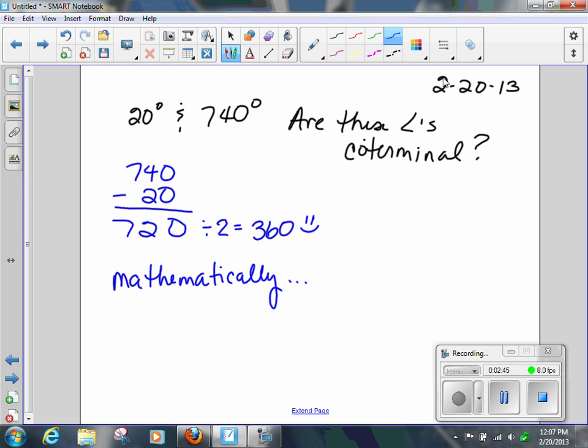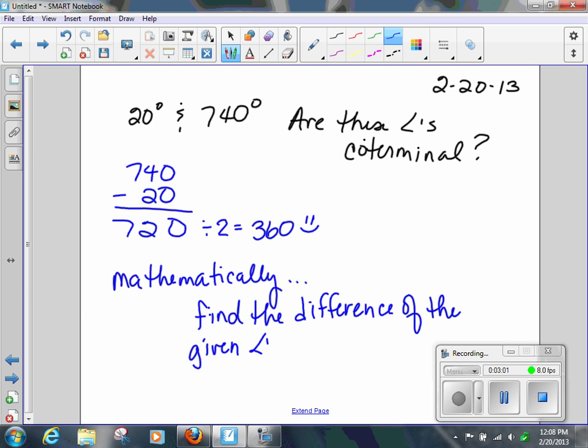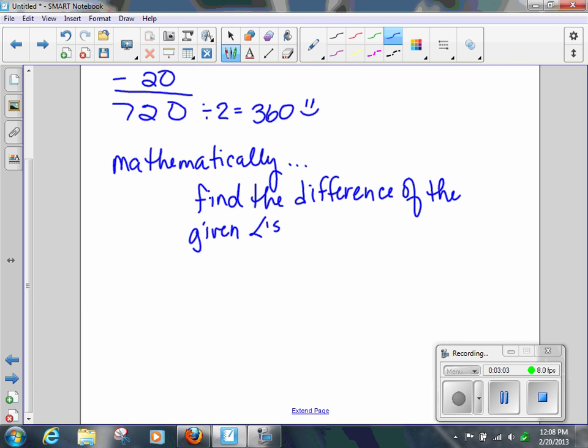I guess that's a word, mathematically. Then find the difference of the given angles. Bless you. Okay, that's the first thing.